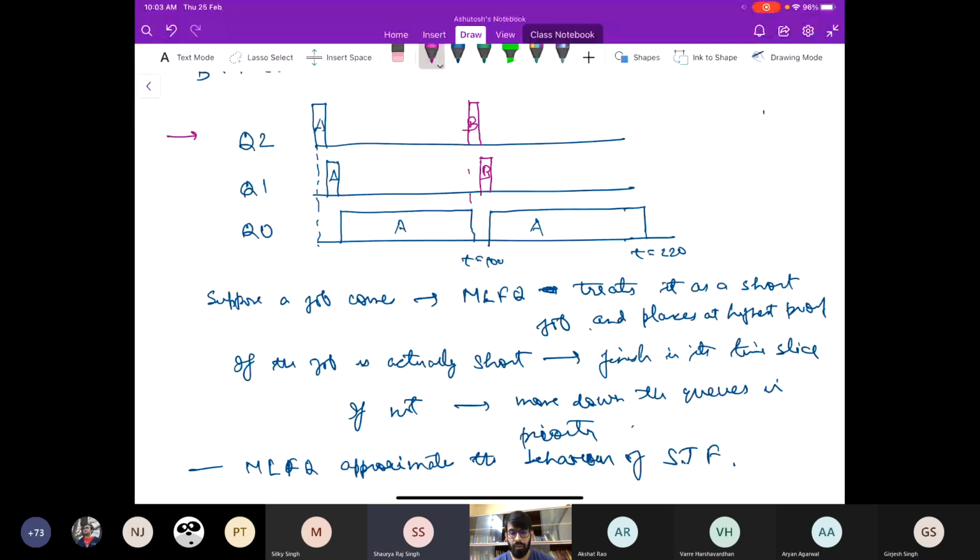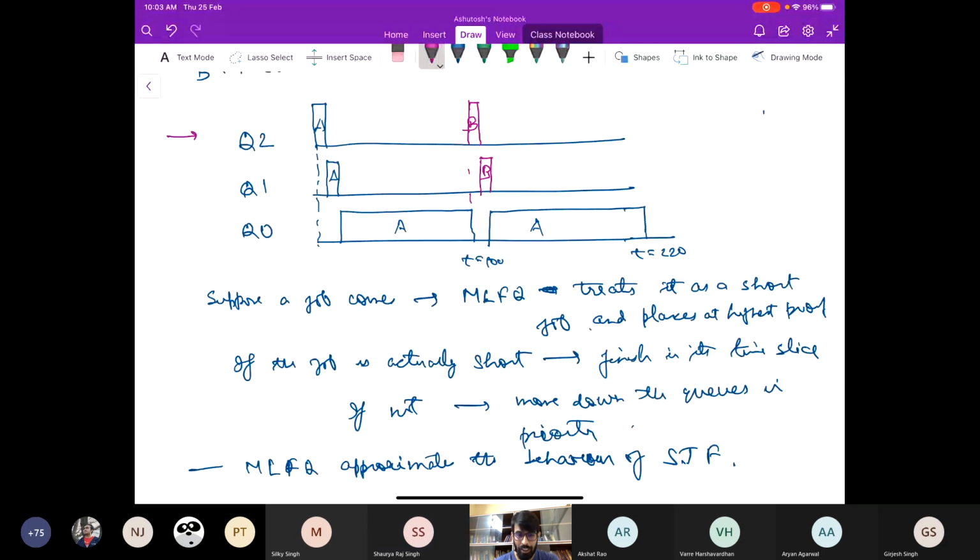But then wouldn't it be removed from the ready state? No, it will give up control and then it gets back from the IO. Then it will come back to the queue. Okay, so it won't be inserted at the top of the queue then. It will be inserted at the top of the queue. Okay, but it will never remain at the same level, right? Why not? It gave up the CPU.